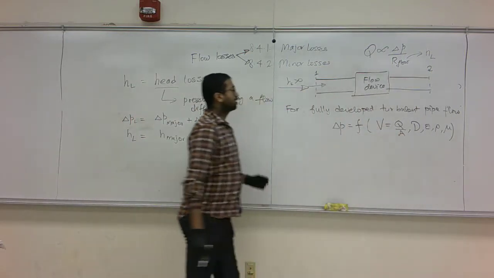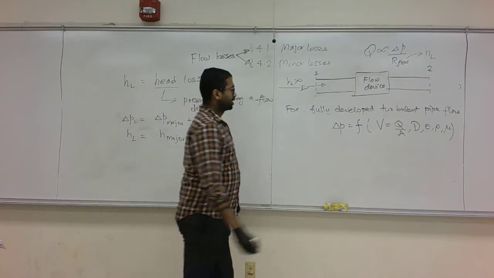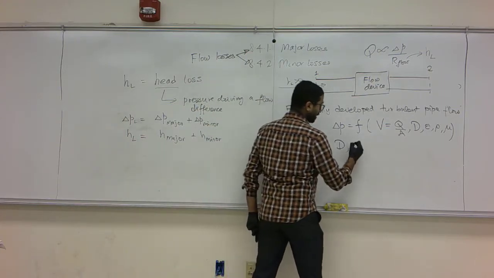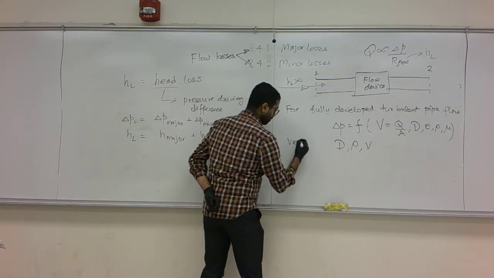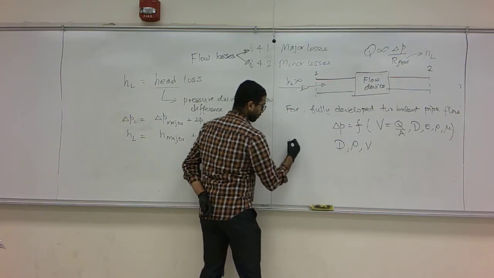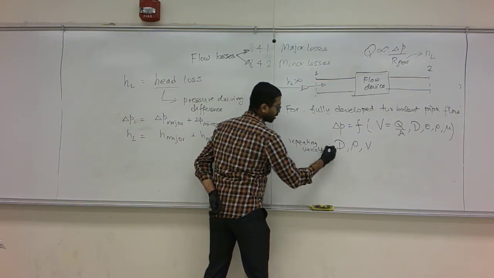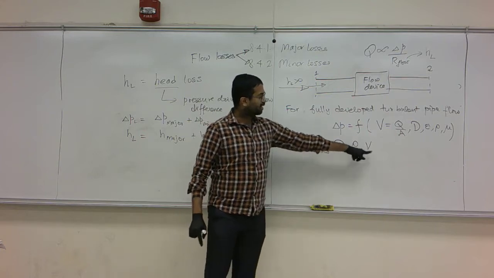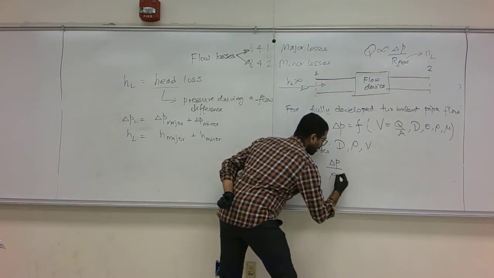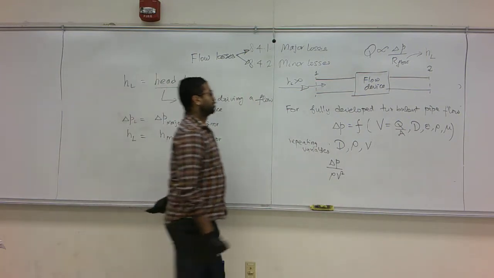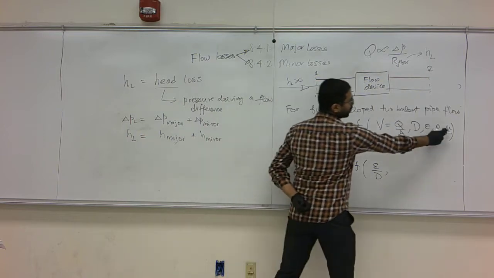Okay. So I have to do a dimensional analysis to express this in non-dimensional form, and if I choose the diameter, the density and the velocity as my three repeating variables, because I want to cover each of length, mass and time with these three quantities, I can write delta P divided by rho v squared should be a function of epsilon over d, and the remaining quantity is viscosity.